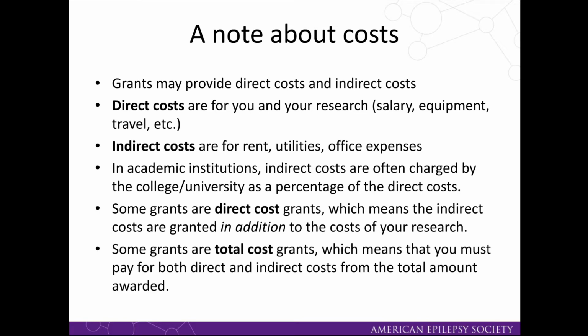But there are other grants that are total cost grants. So then you have to be a little bit more careful, because if the total cost is $1 million, you don't get all of it. You just get some percentage, and you have to work that out with your institution. So, as a straw man example, if some institution charges 100% indirects, and so whatever you get as research, they want dollar for dollar for overhead, then a $1 million grant is half for you, $500,000, half for the college.